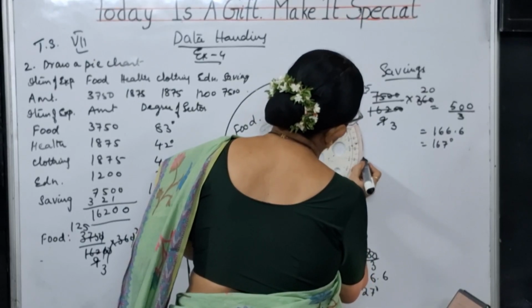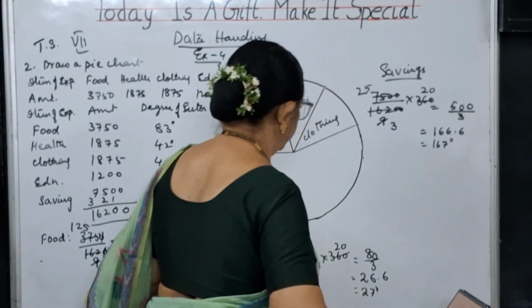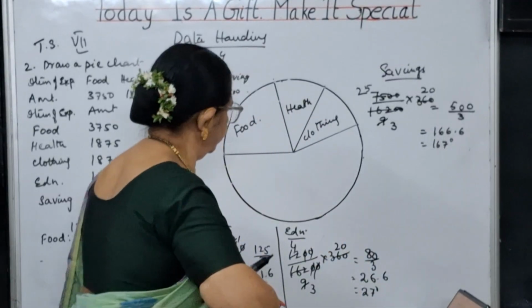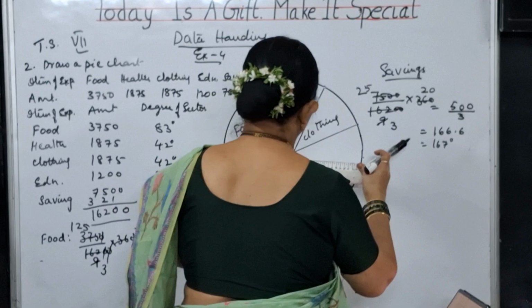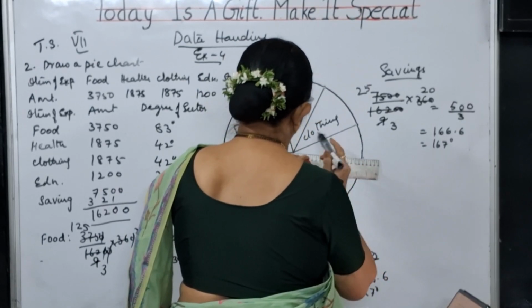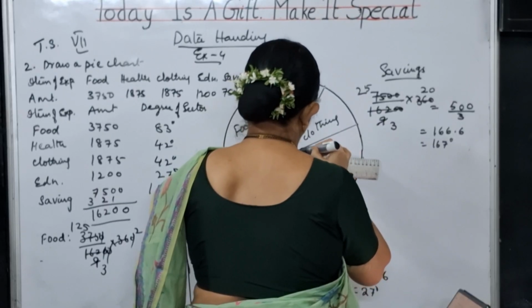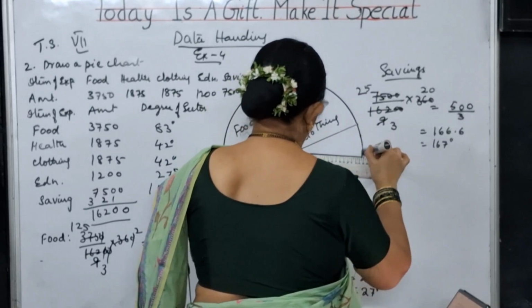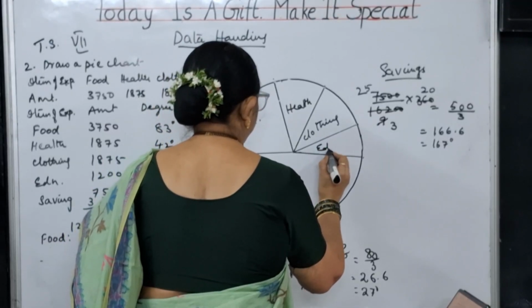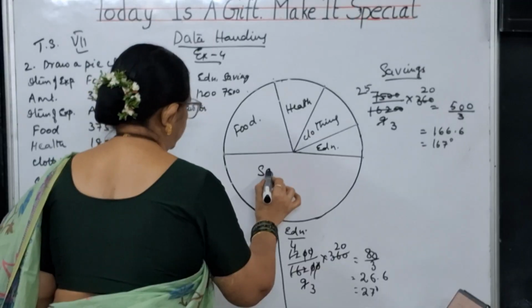This is 27 degrees for education. Remaining will be 127 degrees.